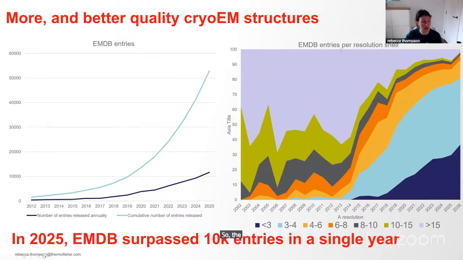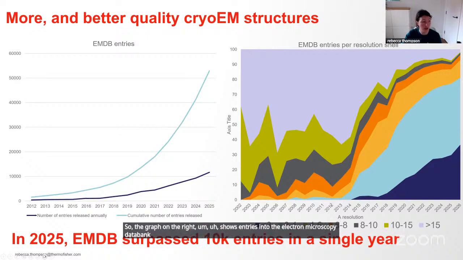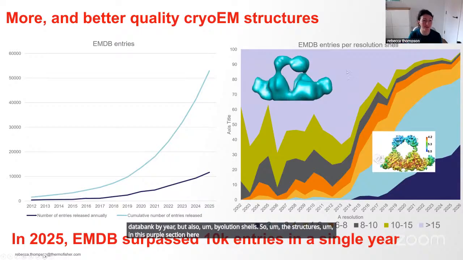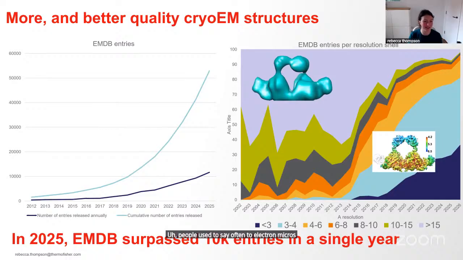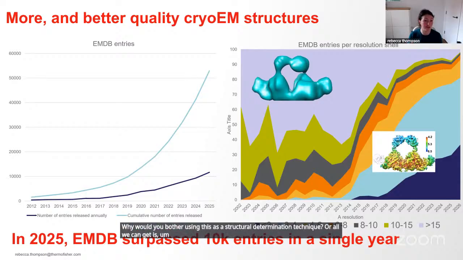The graph on the right shows entries into the electron microscopy data bank by year, but also by resolution shells. The structures in this purple section are low resolution, and some of you may have heard the term blobology before. It's something which people used to say often to electron microscopists, certainly if you go back 15 years or more: why would you bother using this as a structural determination technique? All we can get is very, very low resolution information, blobs really, of what our proteins and macromolecules look like.